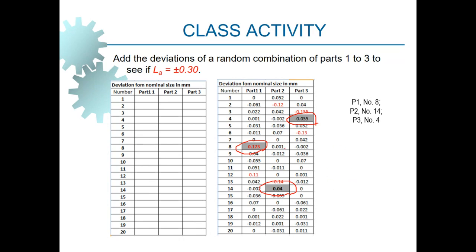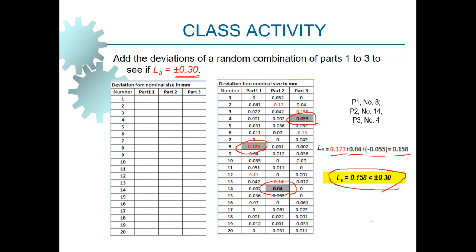And then what I need to do is just to put these tolerances to one another to see if it is within the specified tolerance of plus and minus 0.3, or if it is exceeding. So 0.173 plus 0.04 minus 0.055 comes to a total value of 0.158, and as you can see, this is well within the specified range of the tolerance for the whole assembly.